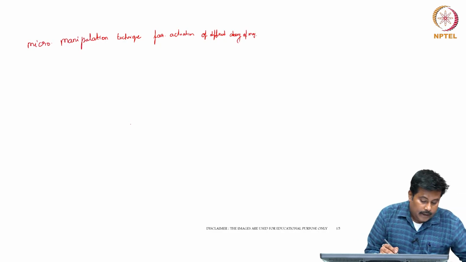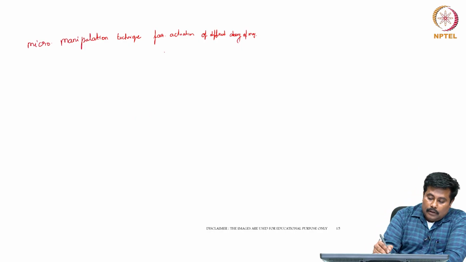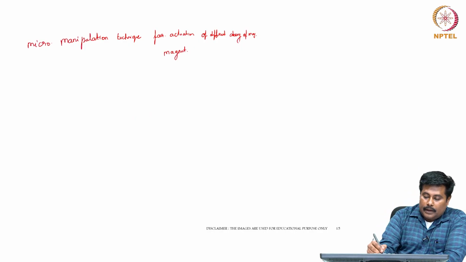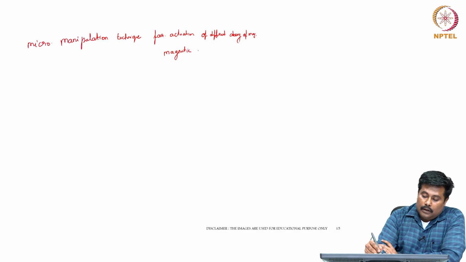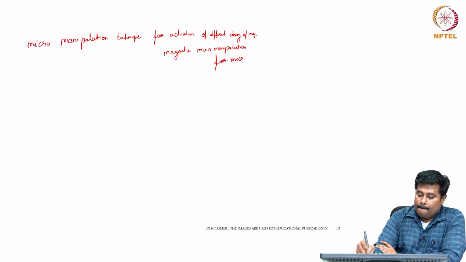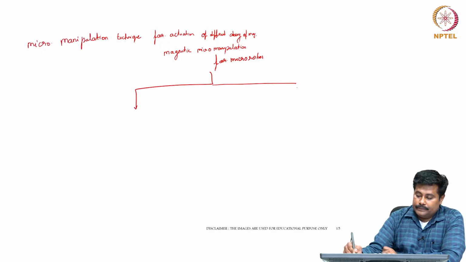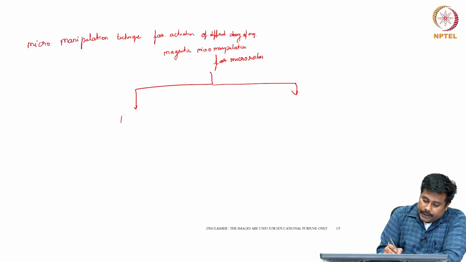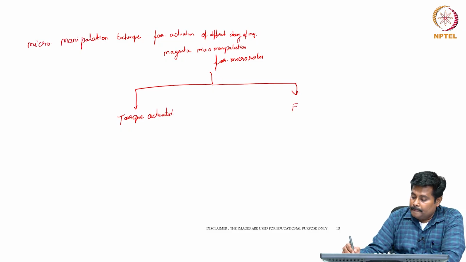So if I look into magnetic micromanipulation for micro robots, it can be classified under two categories. One is the torque actuated, and the other one is the force actuated.